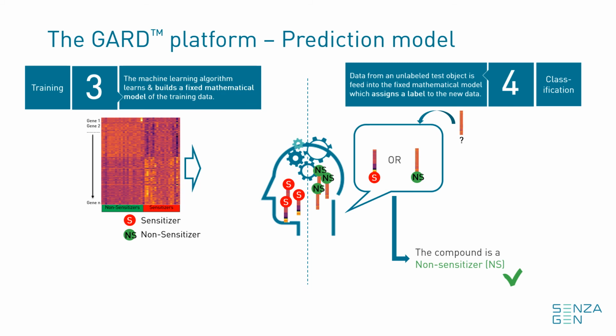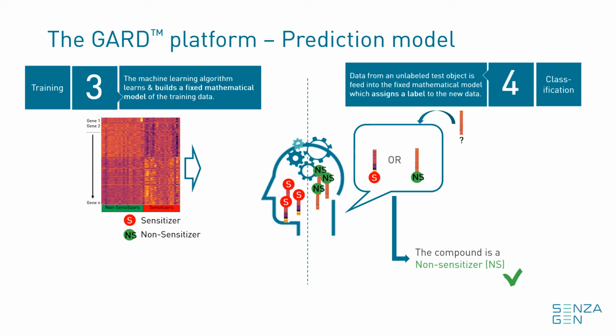To classify an unknown sample, the expression profile induced by the test substance is compared to the expression profiles of the training samples and classified as either a sensitizer or a non-sensitizer. In this example, the expression profile of the test substance is most similar to the expression profiles of non-sensitizers. It is therefore classified as a non-sensitizer.